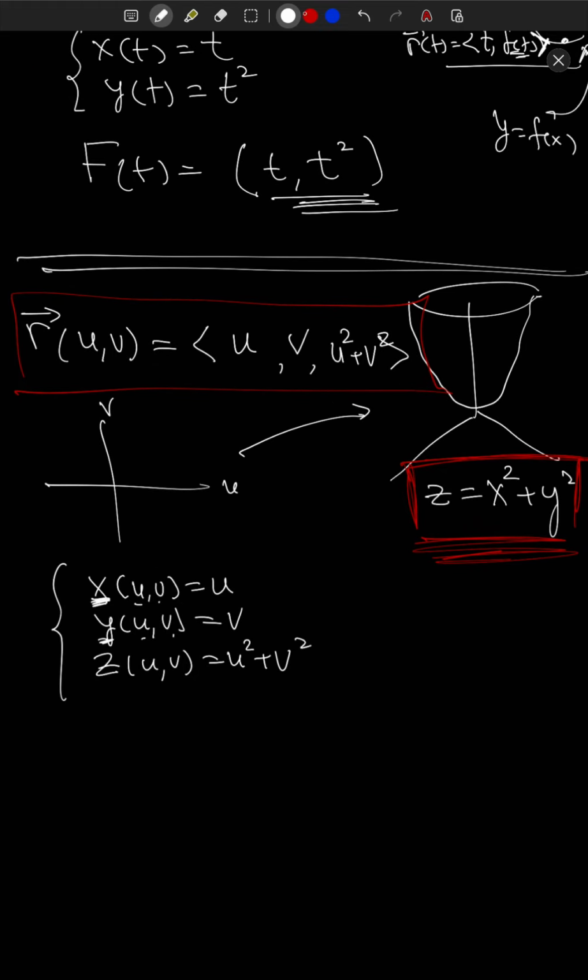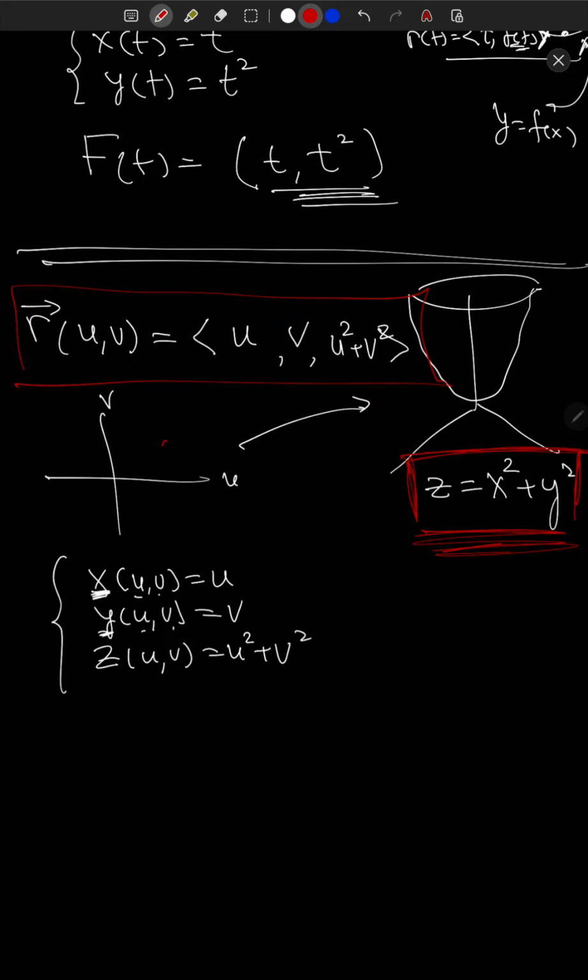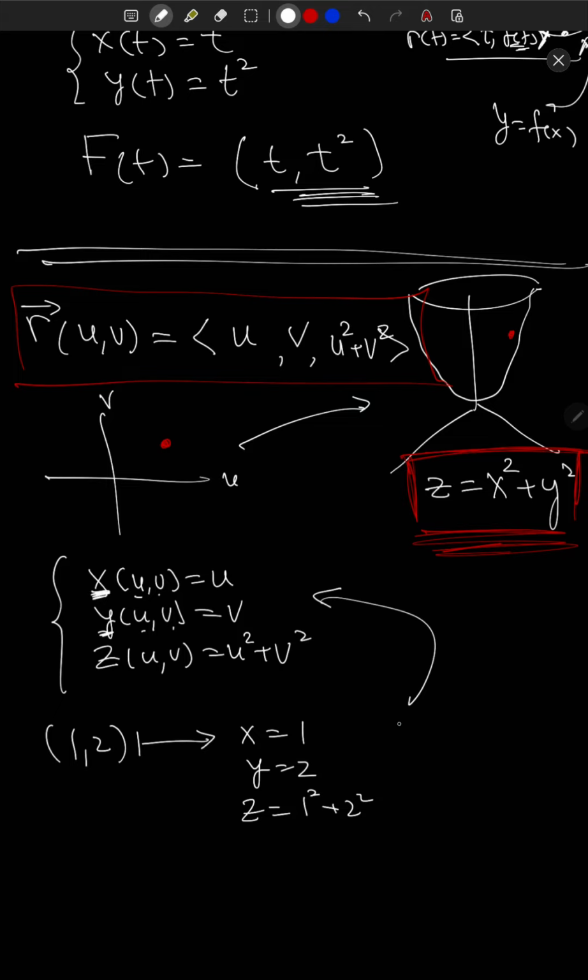Okay, so with this said, every point here now corresponds to a point on the paraboloid through this mapping. So the point, for example, 1 comma 2, is going to go to x equals 1, y equals 2, z equals 1 squared plus 2 squared, just following the instructions from up there.